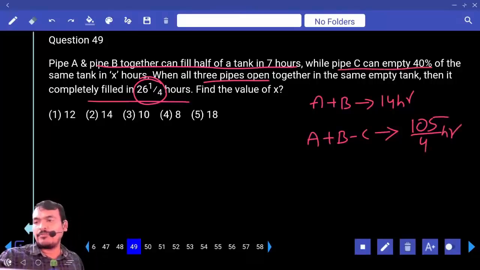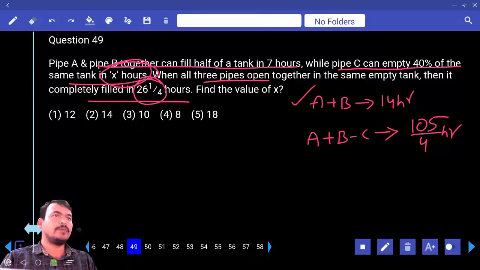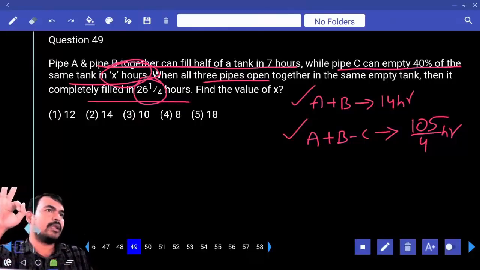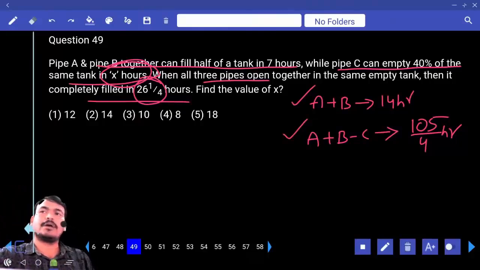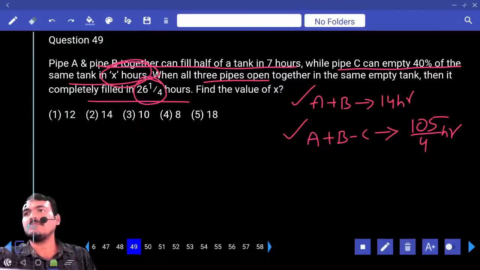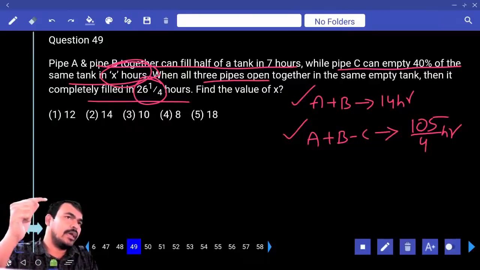While C can empty 40% of the same tank in X hours. A plus B means 2 pipes. A plus B minus C means 3 pipes. 3 pipes data are given, 2 pipes data are given. Subtracting, we get the C value. Subtracting means productive by difference. Similarly, A and B together are given, A alone is also given, and we need to identify B alone, by difference.